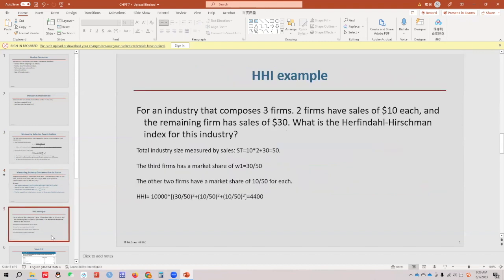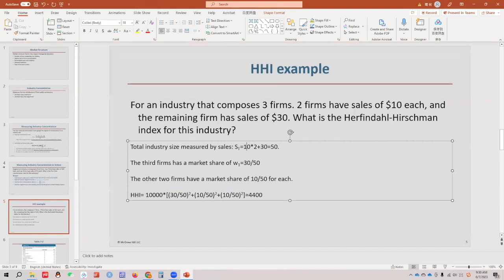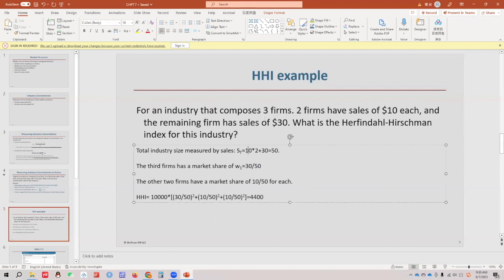So let's look at the HHI index example. For an industry that comprises 3 firms, 2 firms have sales of 10 each, and the remaining firm has sales of 30. What is the HHI index for this industry? First, we need to calculate the total size of the entire industry, which is 10 times 2 plus 30.